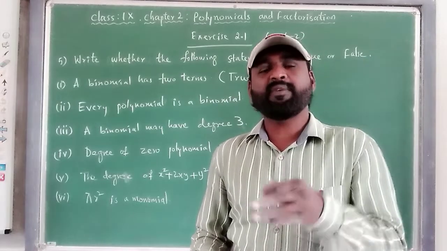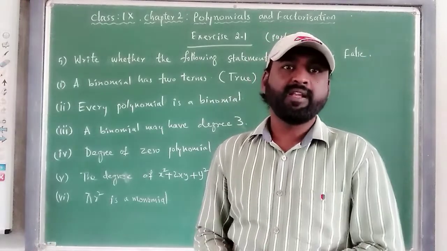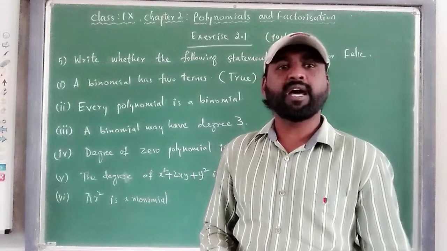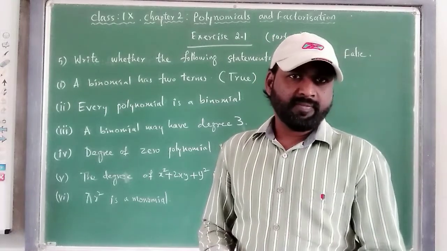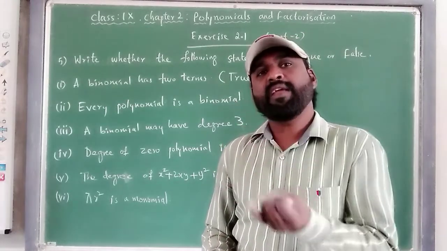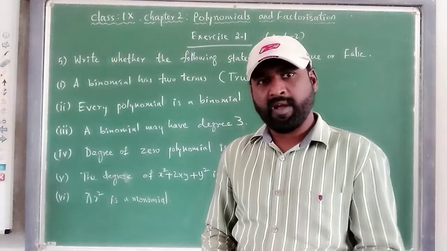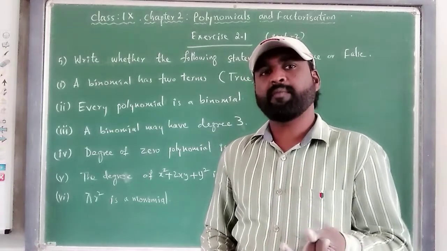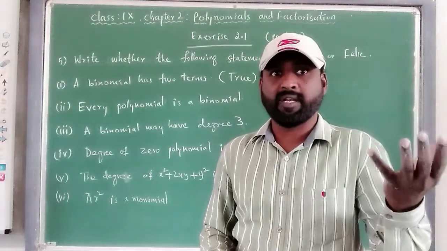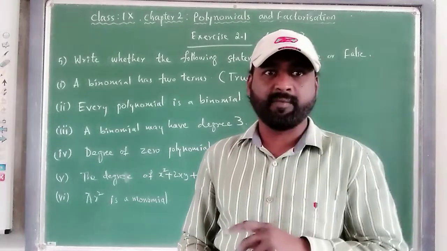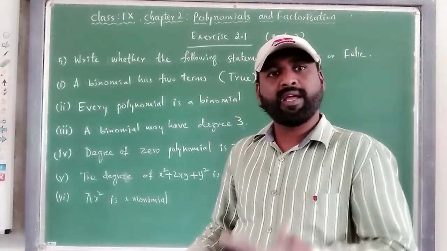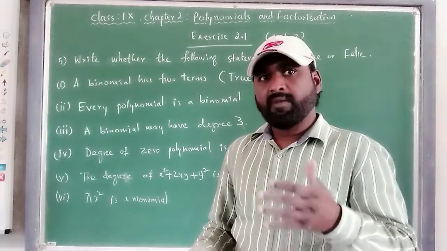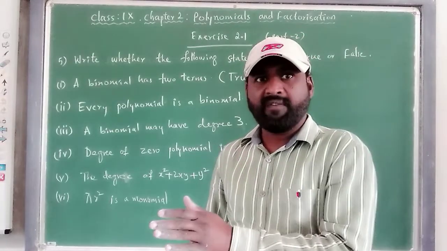Binomial means the polynomial with two terms, but that doesn't mean all polynomials are binomials. Polynomials can be linear, quadratic, cubic, nth degree, based on the degree of the polynomial. Here binomial, monomial, trinomial, multinomial are based on the number of terms.